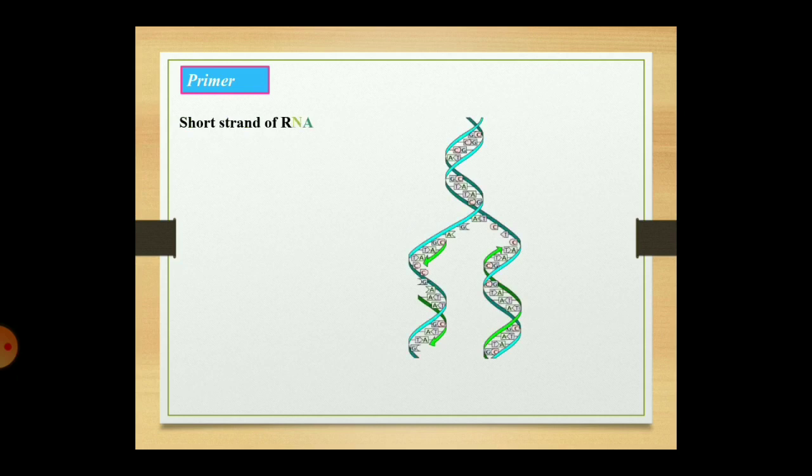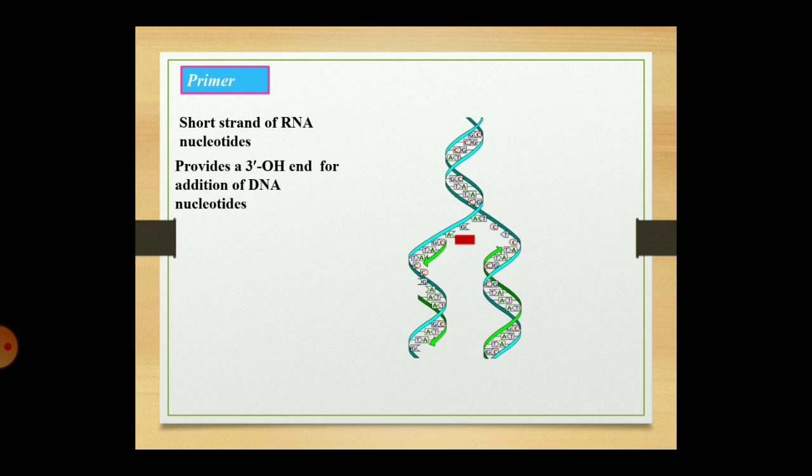The next one is the primer. What are these primers? Short segments of RNA, or short strands of RNA nucleotides. You remember, for DNA replication primers are absolutely required. Without a primer, we cannot synthesize DNA.